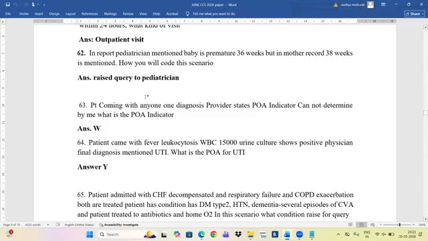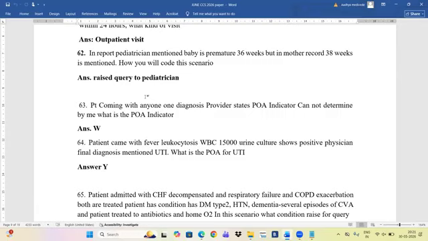Next. In the report, the pediatrician mentioned the baby is premature, 36 weeks. But in the mother's record, they documented delivery at 38 weeks. In the baby's record, 36 weeks of gestation is documented, while the mother's record documents delivery at 38 weeks of gestation. So what is the exact week of delivery?